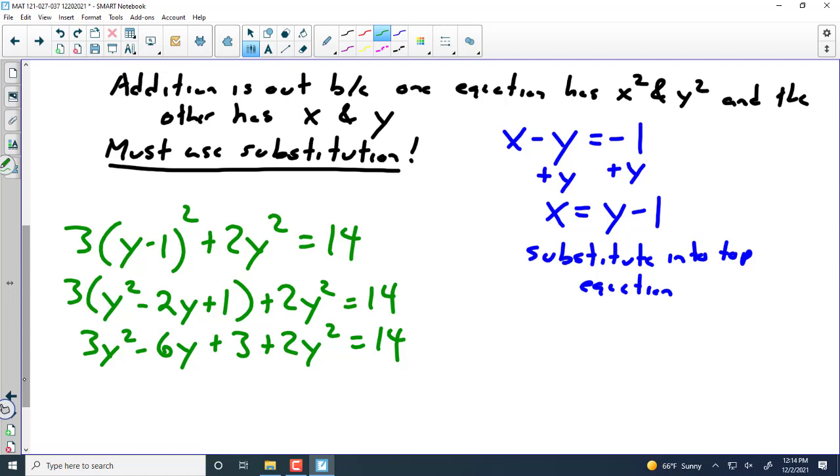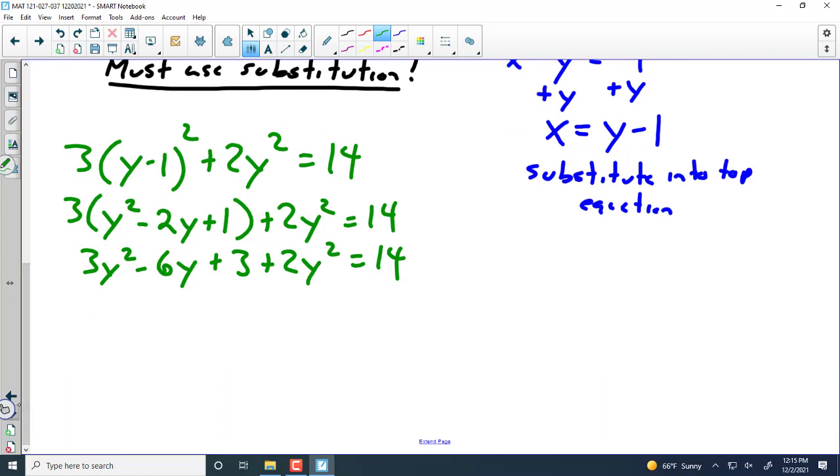It just happens to be a quadratic with y as my variable because I chose to keep y's around. So I guess I'll get everything together on one side of the equation. So that's going to be 5y squared minus 6y minus 11. That's what you'll get after you collect like terms and get everything on the same side of the equation.